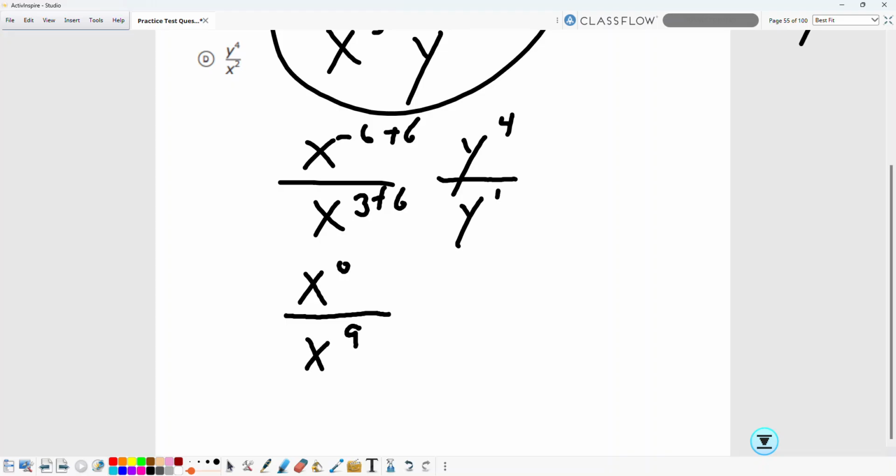Well, the thing is anything raised to the 0 power is 1. I have no x's. I'm multiplying no x's. That's what the exponent says. How many of the x do you have? Well, I have 0 of the x. Okay, so that means x to the ninth with nothing up here in the numerator.